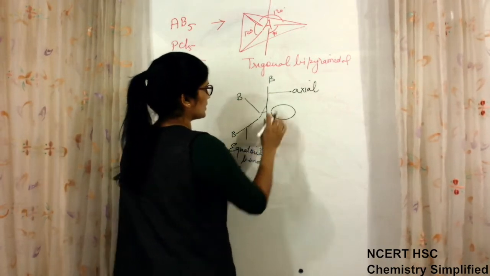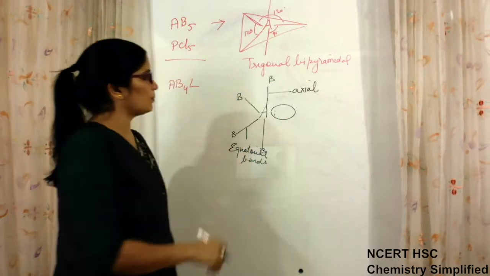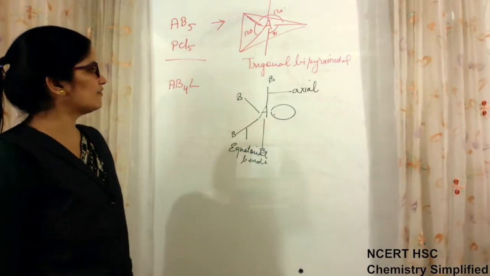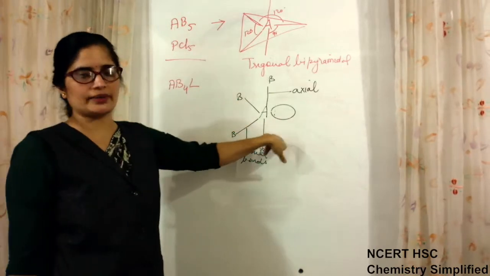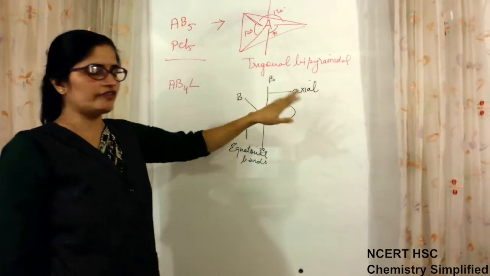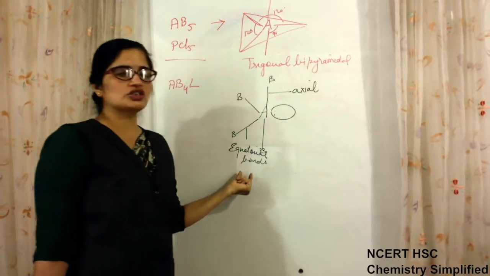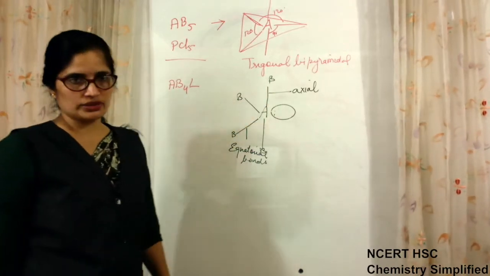These are axial bonds, these are equatorial bonds. Now whenever we have to place a lone pair in AB5 type of geometry, this lone pair will always be placed on equatorial position and not on axial position.